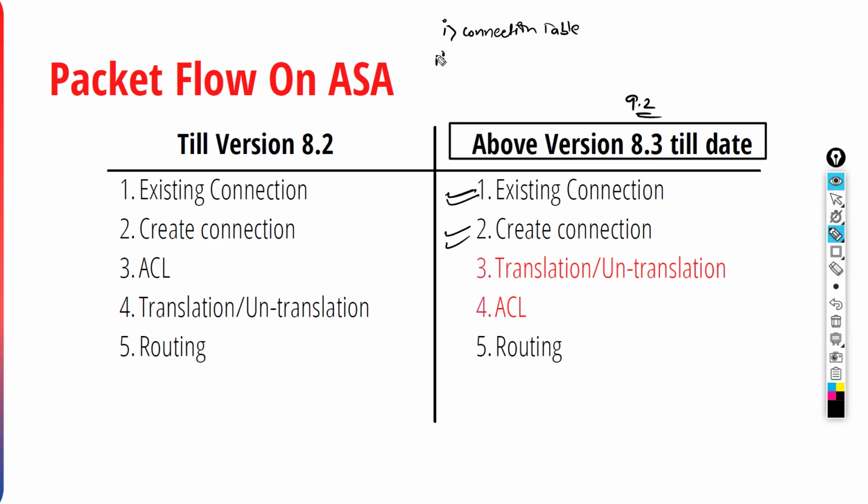Then it will check your translation table, that means the xlate table. Third, it will check the ACL. Fourth, it will check the routing table. This is how your ASA will make the forwarding decision. Okay, this is clear.